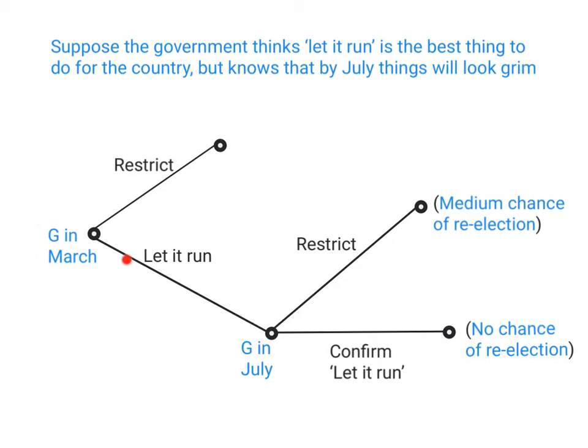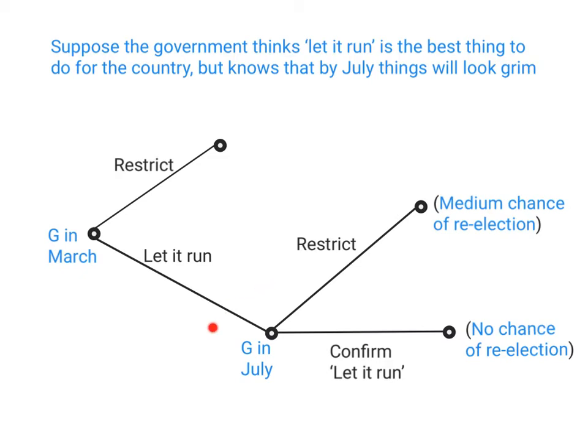Back here in March, the government thinks that letting the virus run is actually the best thing to do for the country. But it knows that come July, things are going to look pretty grim for the government. And we're assuming here that the government's going to be a democracy. So the government's going to have to face the voters, perhaps a year or so down the track.